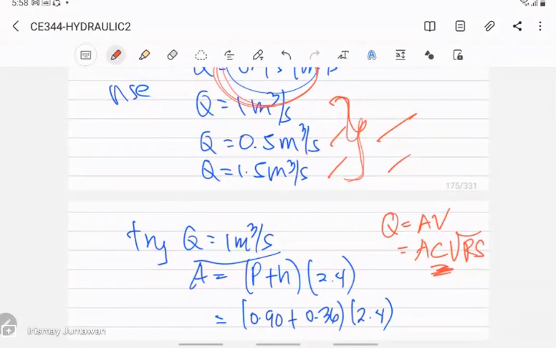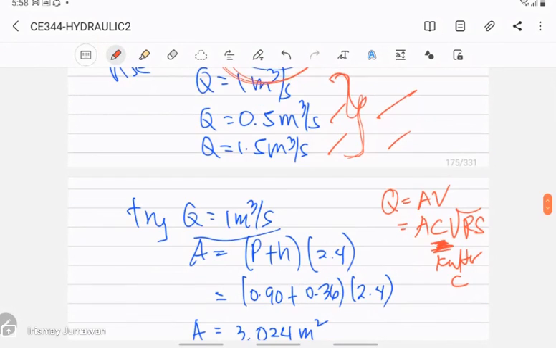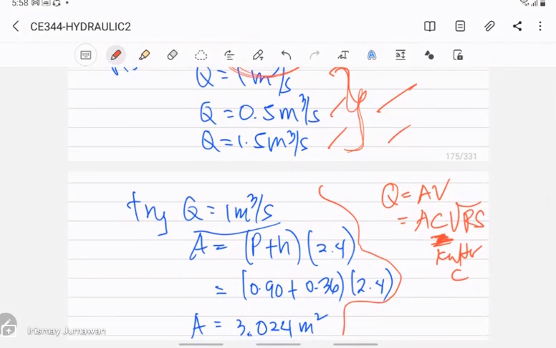You have so many options for the C, using Kutter's. The C you need here is Kutter's C, and the n is Kutter's n. Take note, some were mistaken here. I am mentioning Kutter's and getting the discharge, but they used Manning's equation. So that is not the answer.